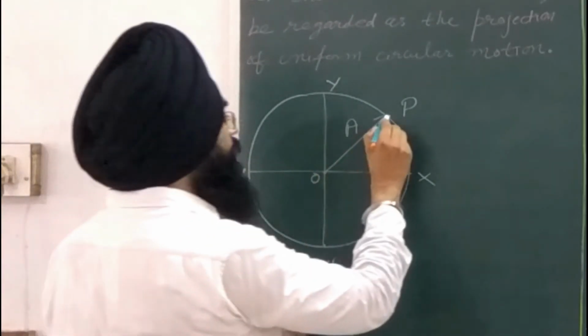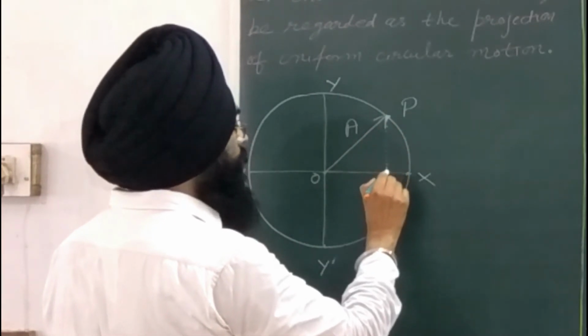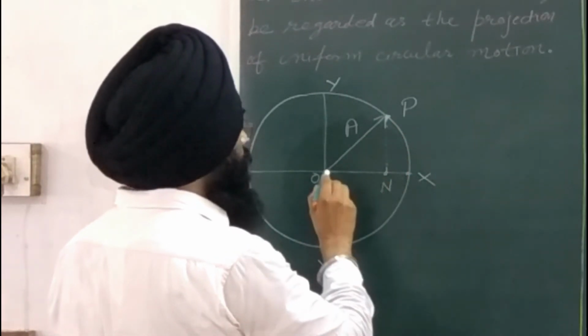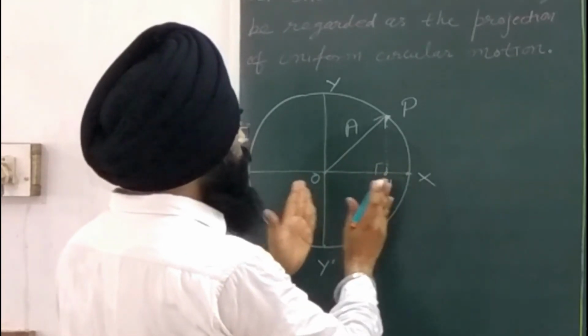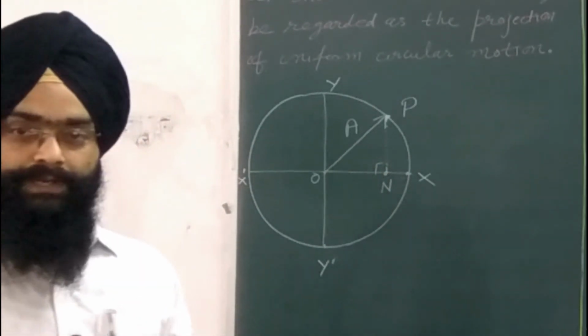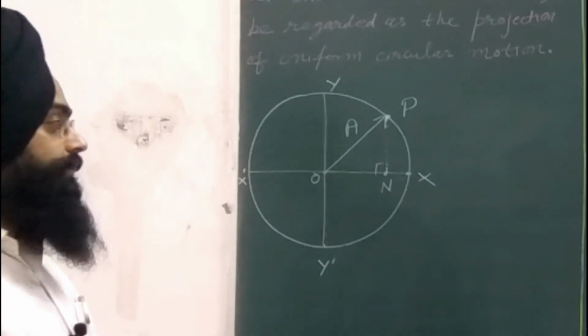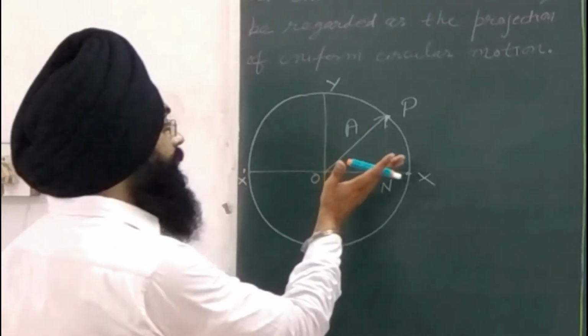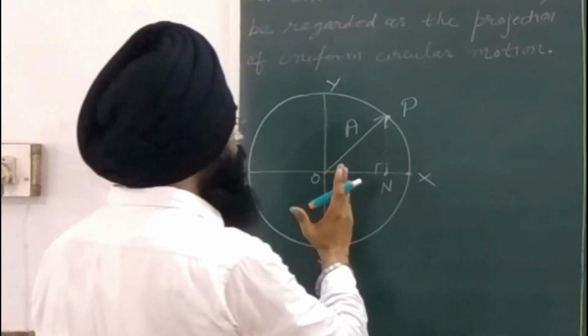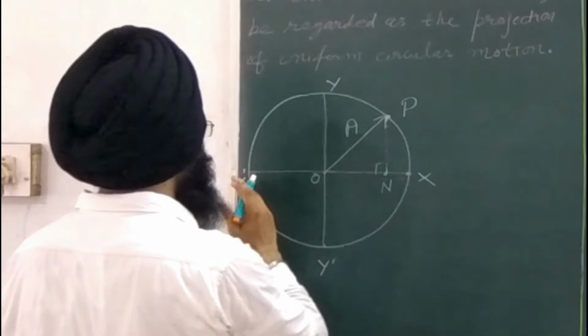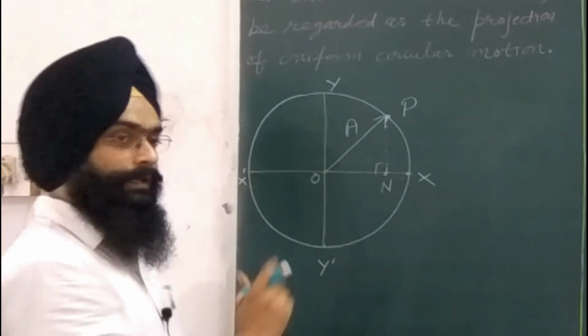We can consider, if we draw a normal N on OX, then this ON is called the projection of point P on the circle. You can see here that while the particle is moving on the circumference of the circle, the projection moves on the diameter x dash x like this.